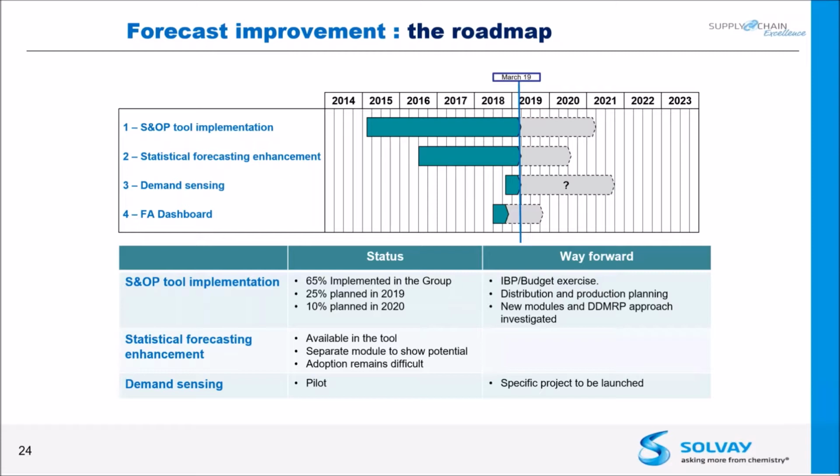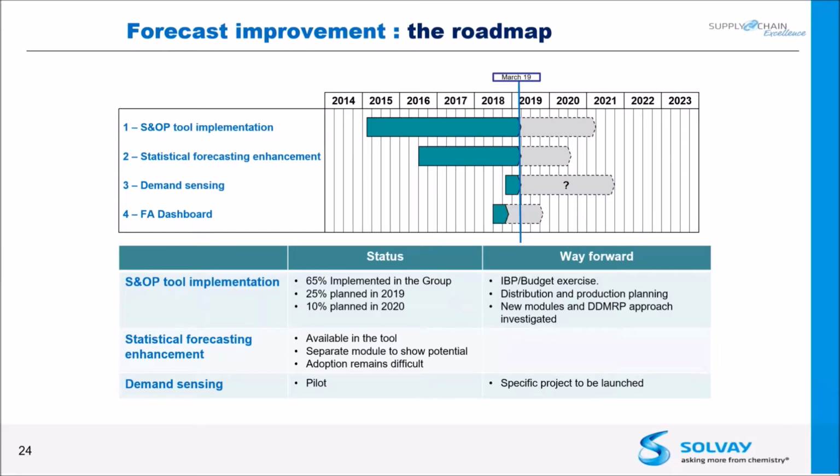So today we have, let's say, mixed feeling about statistical forecasting. It's not used everywhere as it could be, and probably this is also linked to the transformation that we still need to do.